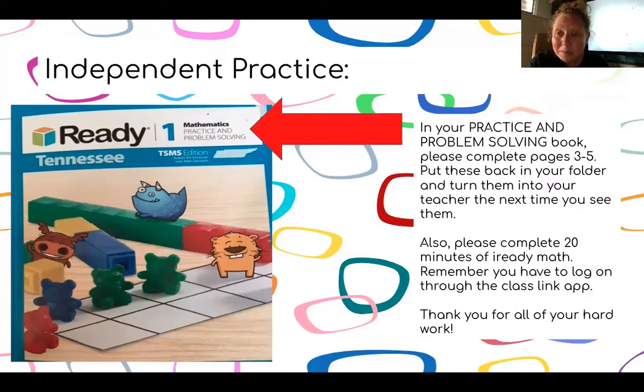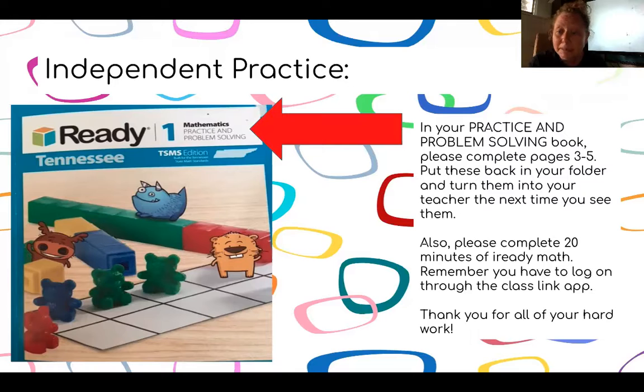When you're done with pages 3, 4, and 5, put them in your folder. I don't need the whole book, just the pages that were assigned, okay? It's easier to carry a few pages than it is a whole book. Once you're done, put it in your folder, and the next time you see your teacher, you can turn it in.